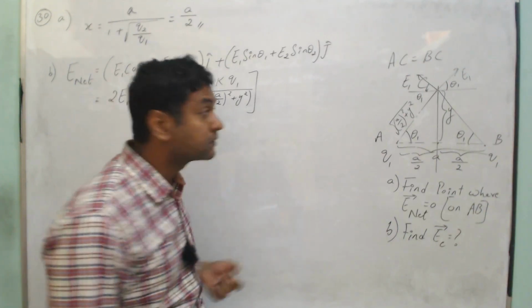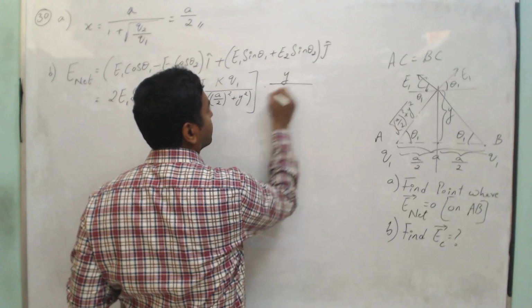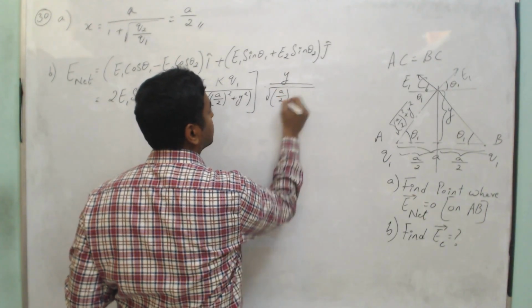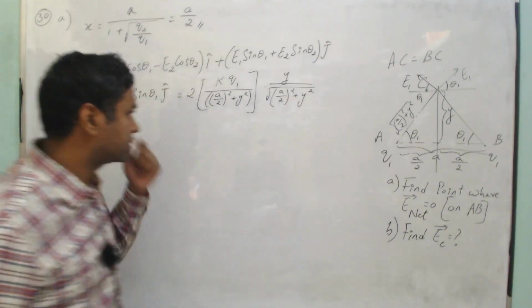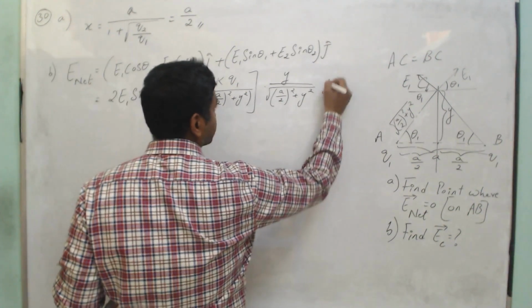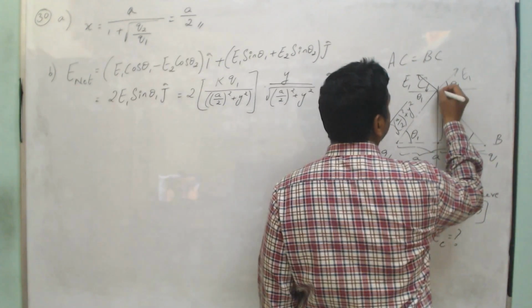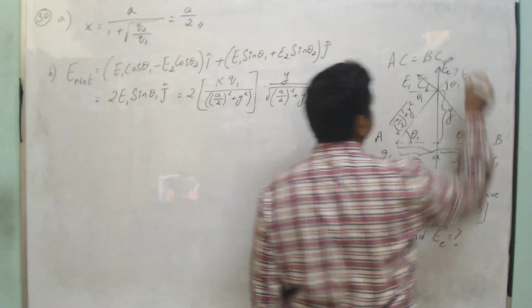Correct? Opposite is nothing but y upon hypotenuse. Right. So a by 2 square plus y square under root. Correct? This is all in the direction of j cap. Entire resultant of EC bar will be along j cap. Fine.